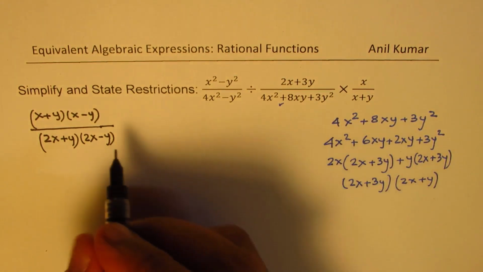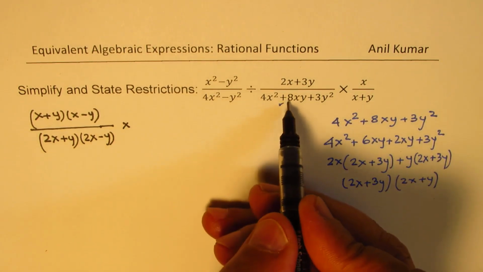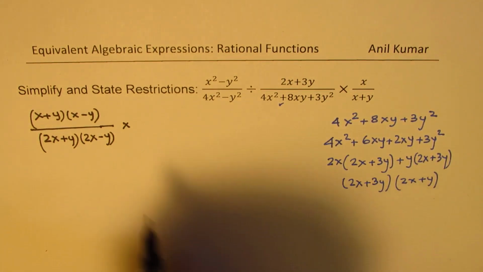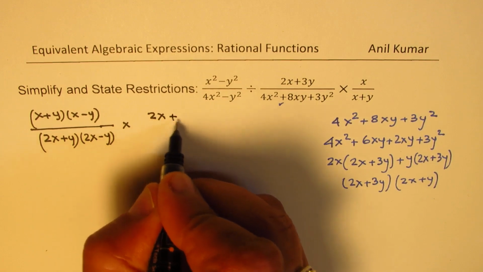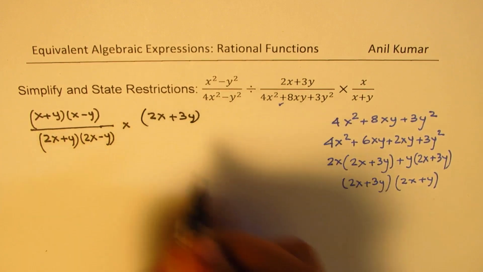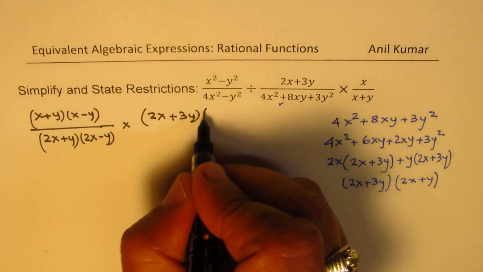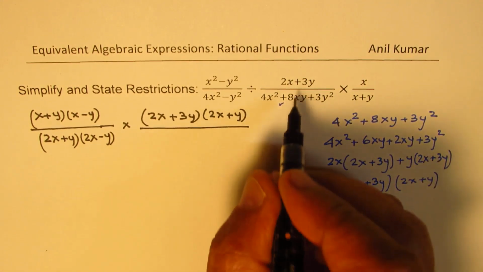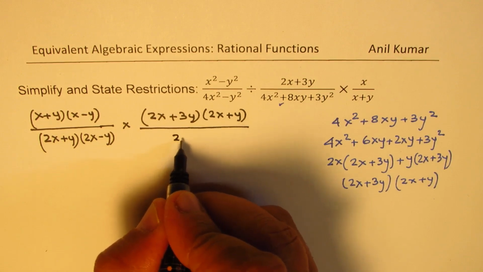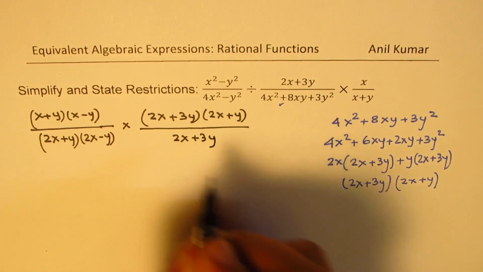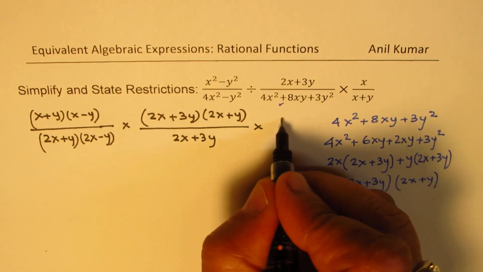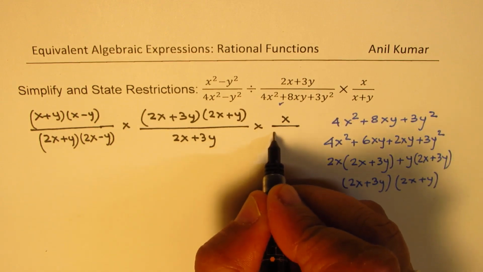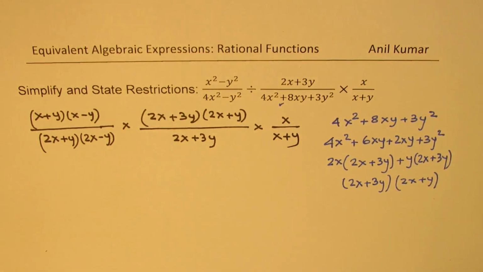Now division. We'll write straight away multiplication, take it in the numerator, the factored form, which is (2x plus 3y) times (2x plus y), divided by (2x plus 3y), right? So as such, times we have x over (x plus y), correct?